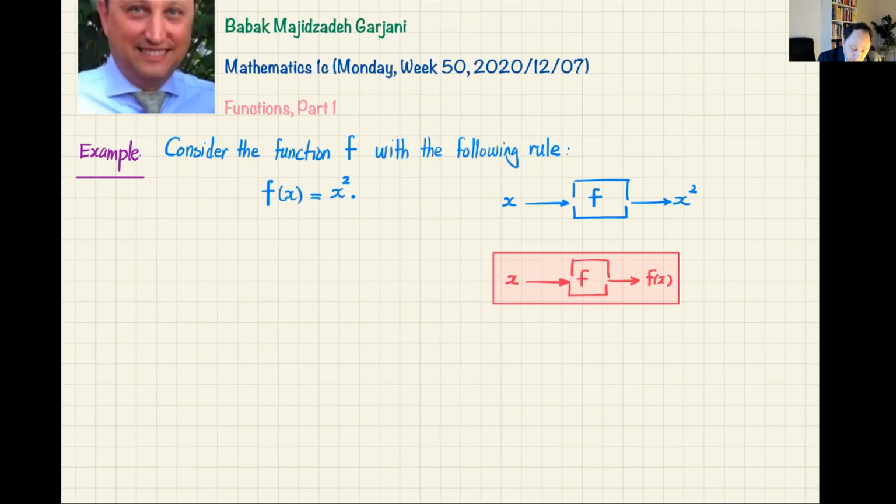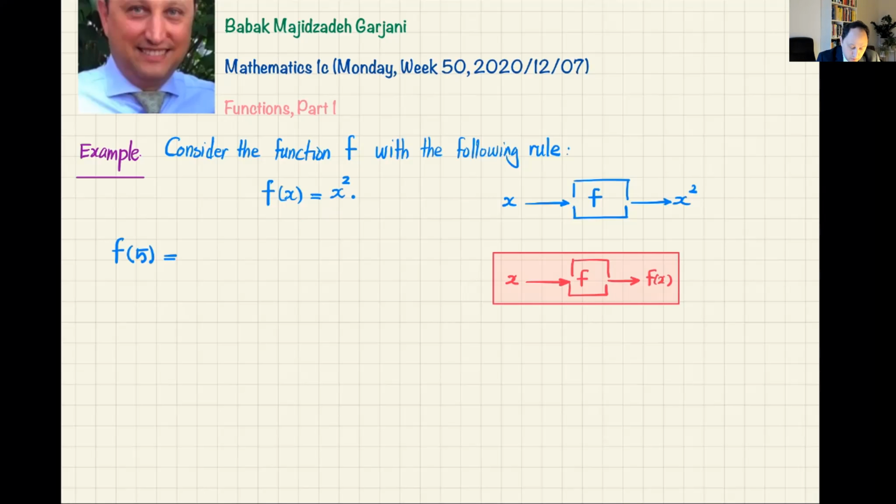Now tell me, if you understand everything, you can save me a lot of energy now. If I ask you for this function, what is f of 5? Can you answer this? Yes, it's 5 squared. It's exactly 25.